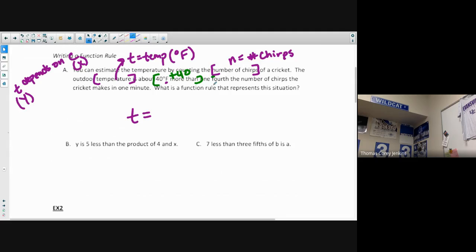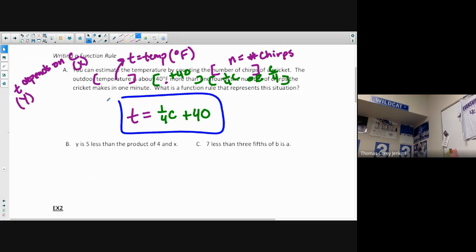And then 1/4 the number of chirps. That could be 1/4 times C, or you could say C over 4, either way. All together, that would be 1/4 C plus 40. So that is going to be our function rule for that scenario.